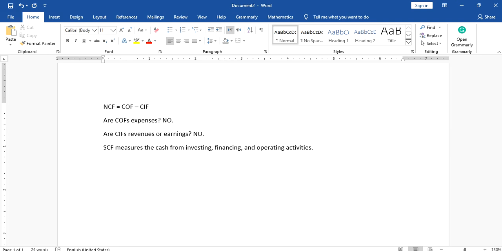So the cash flow statement measures cash from investing, financing, and operating activities. So cash flow from operations, like this.